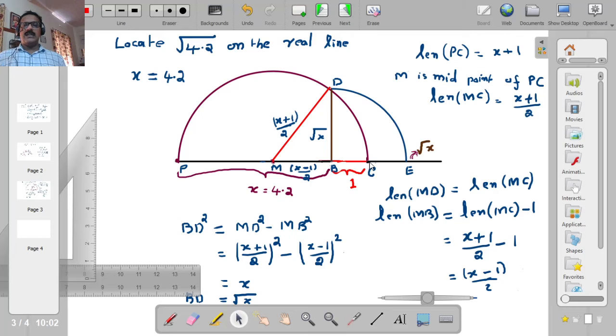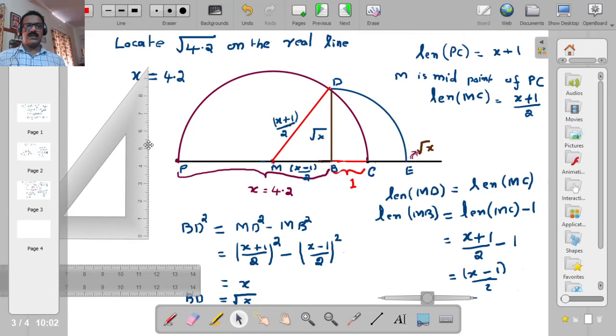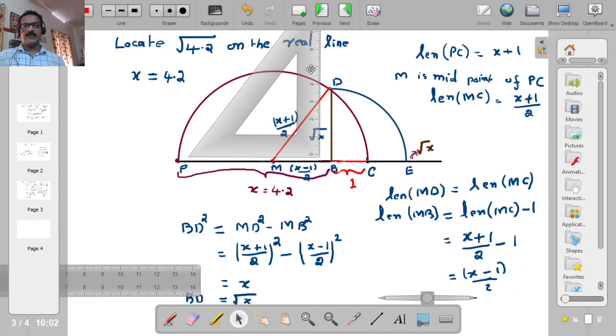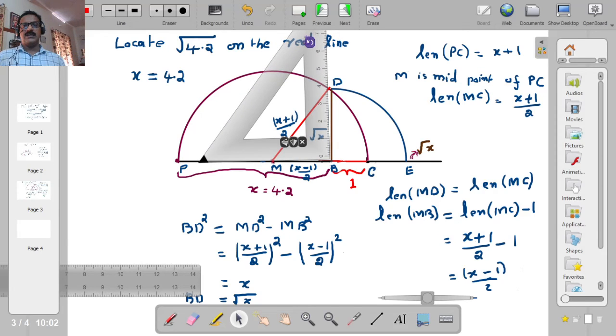Okay. Our next step is this. We will be drawing a line perpendicular to this number line, or PC, at the point B. For that we will be using a set square.